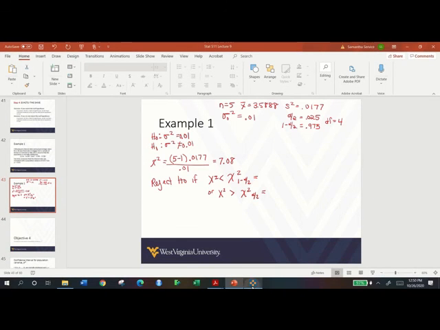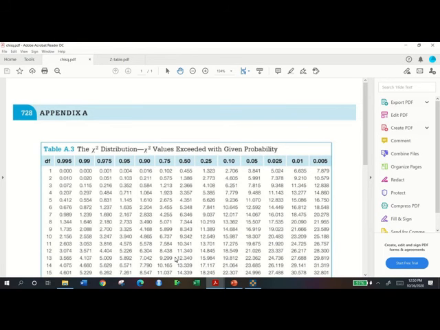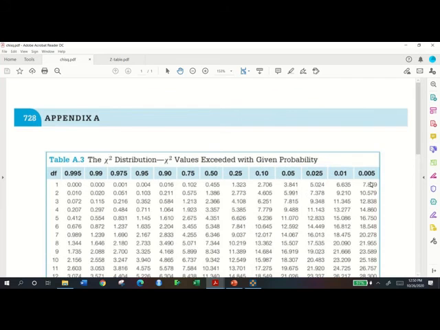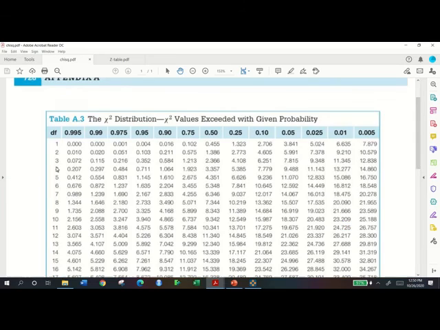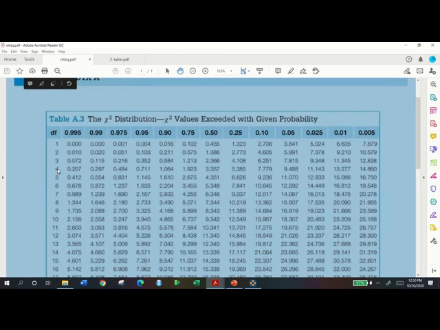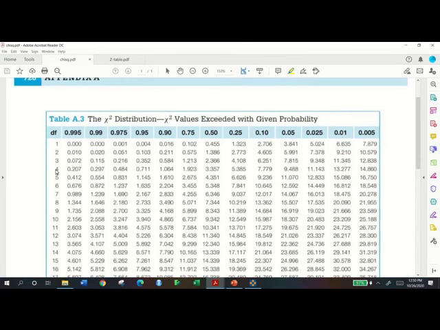I'm going to pull up my chi-squared table. We can remember that we are looking at degrees of freedom equal to 4. And let's see if I can do some highlighting.